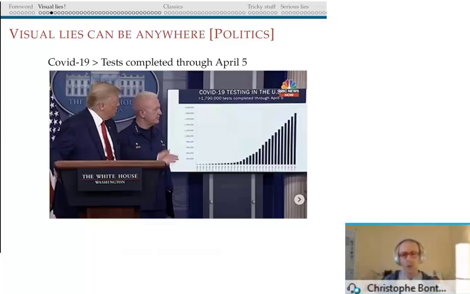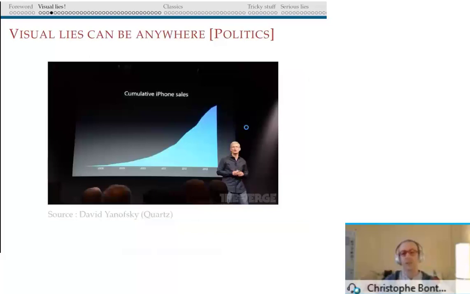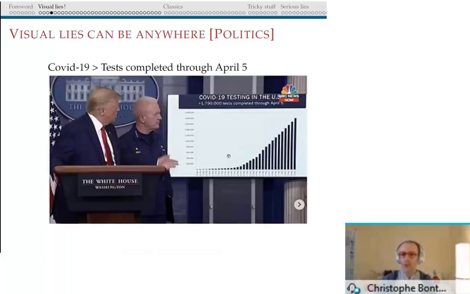By the way, he's not the first one to do that. This is the cumulative iPhone sales. This is Tim Cook here. So people use that also in marketing. But to return to this graphic here, the cumulative, at first you say, oh wow, the number of tests completed in the US is increasing a lot.